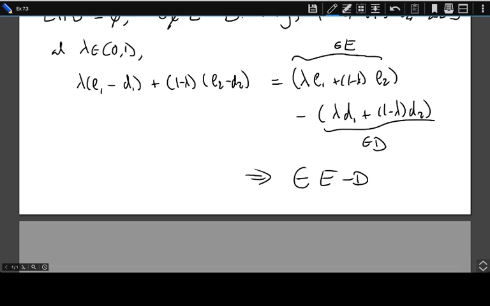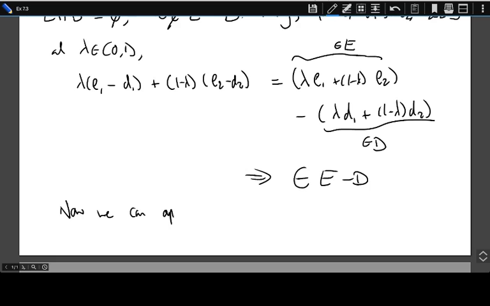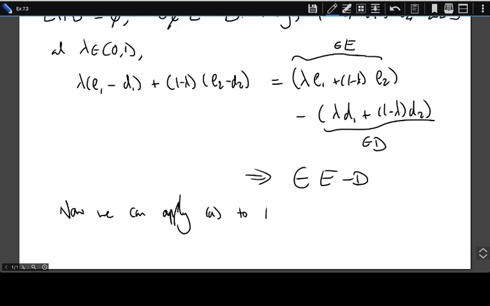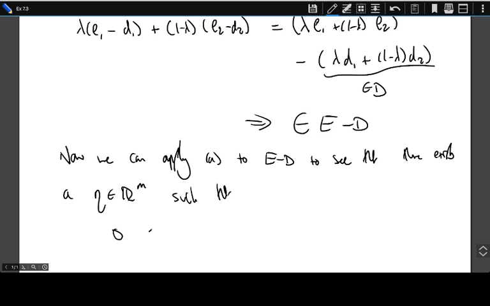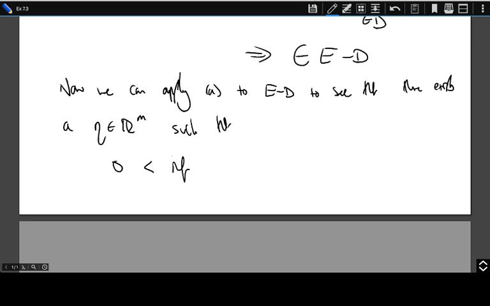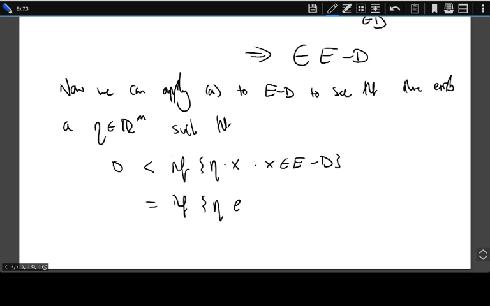Now, we can apply part A to E minus D to see that there exists an element, a vector, eta in Rm, such that 0 is strictly less than the infimum of eta product of x for x in E minus D. This we can rewrite as eta product E minus eta product D for E in E and D in D. That's just by definition.